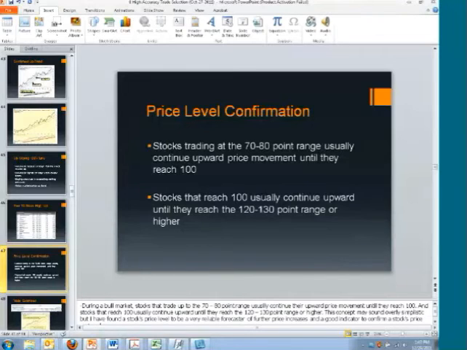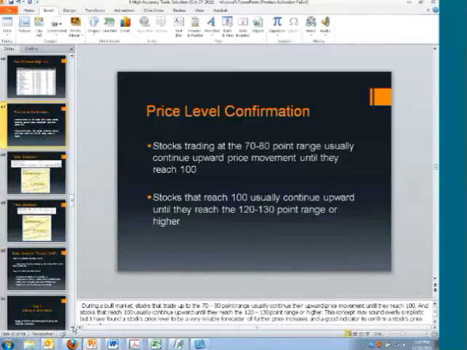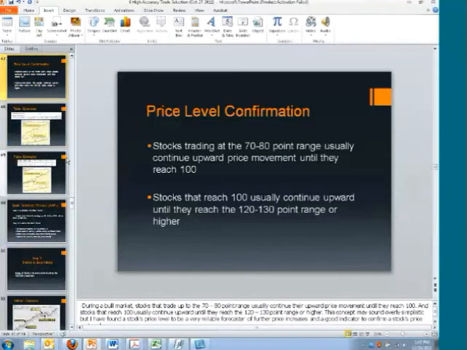So if they're at these higher price levels, that's also a confirmation that the stock is most likely to continue its upward price movement. Very few stocks ever get into the price level between 70 and 80 or between 120 and 130. So that's another way to confirm the price trend.